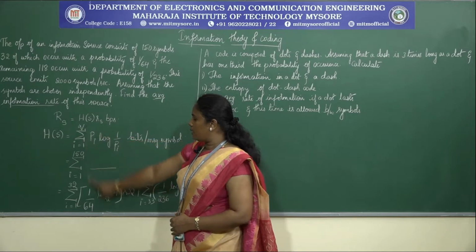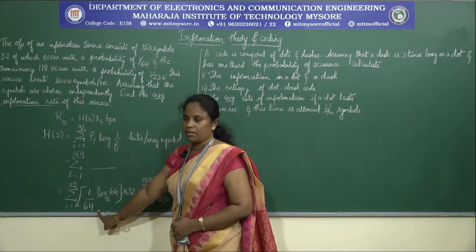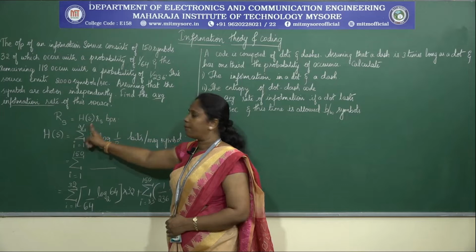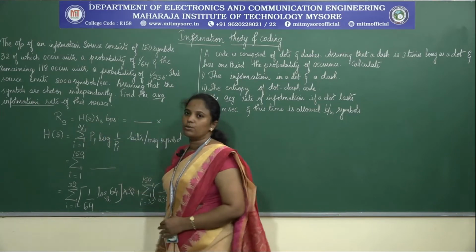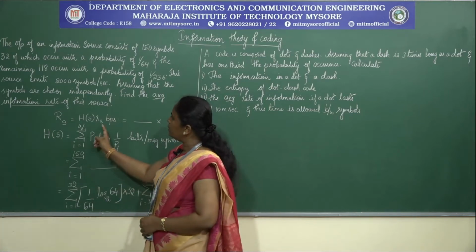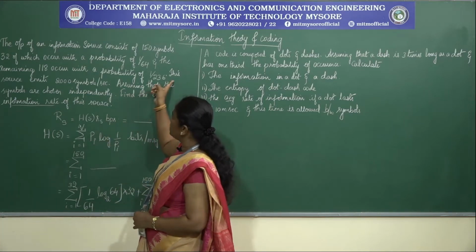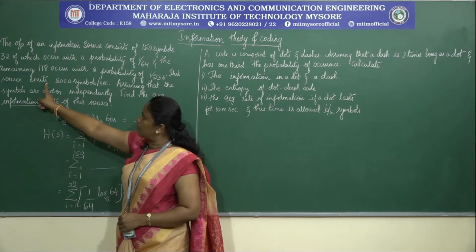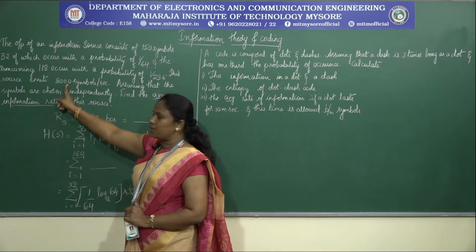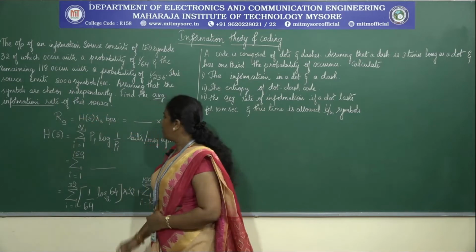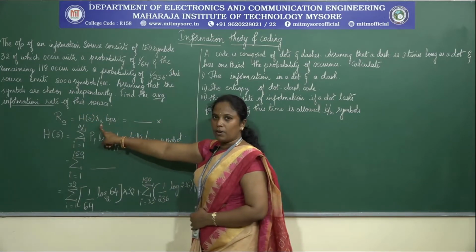Now whatever value we calculate for H of S, you substitute here, multiplied by Rs. What is Rs? In the problem statement they have given that the source emits 2000 symbols per second. That means per second it emits 2000 symbols, which is nothing but Rs.